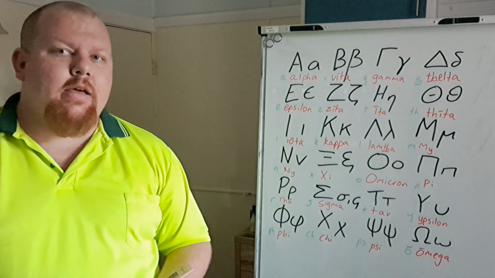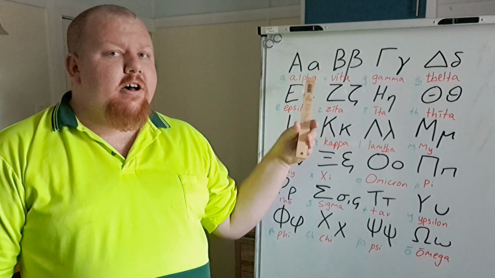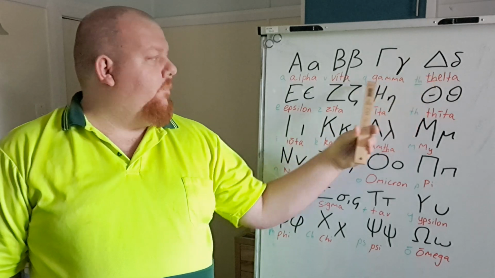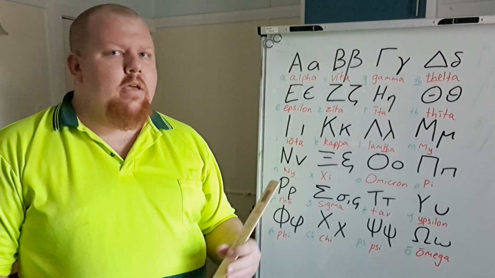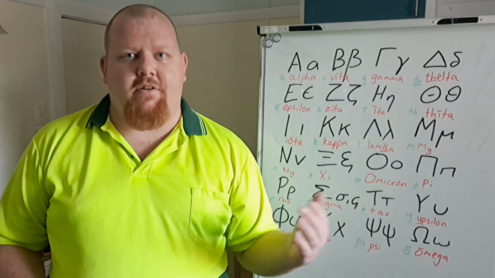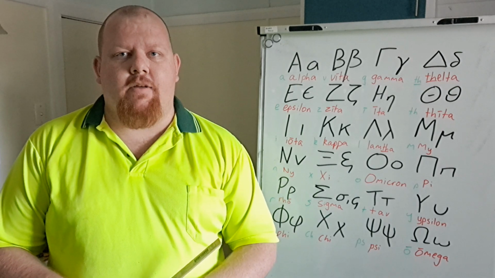Epsilon. So let's say those letters again. Alpha, Vita, Gamma, Delta, Epsilon. The next three are nice and easy because they sound very similar. The first one is Zeta.